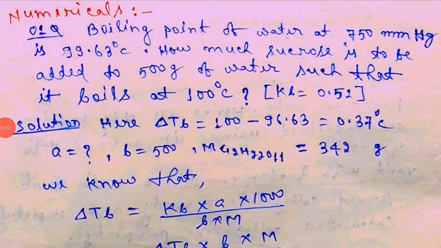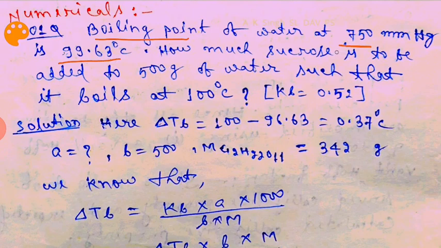Now numericals, on the basis of boiling point at first. Boiling point of water at 750 mm of mercury is 99.63 degrees Celsius, not 100, because pressure is 750, not 760.